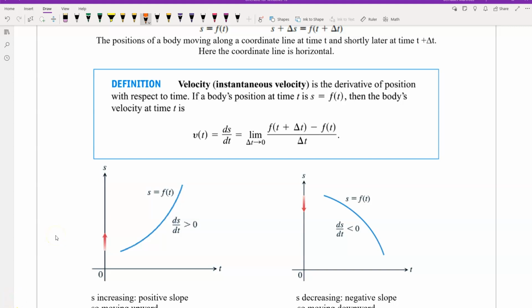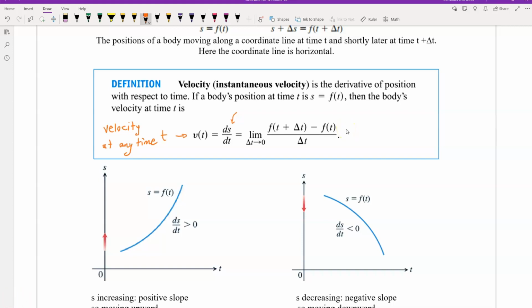So in this case, the instantaneous rate of change is often called the instantaneous velocity. So that's v of t, velocity at any time t, and that is the derivative of position, or derivative of s with respect to t, or time.